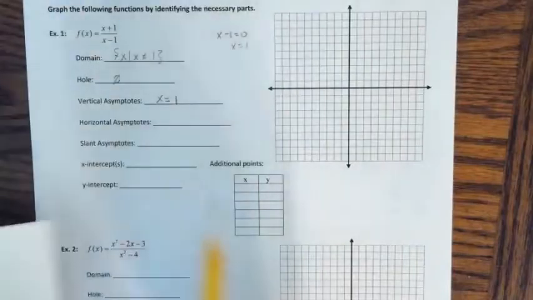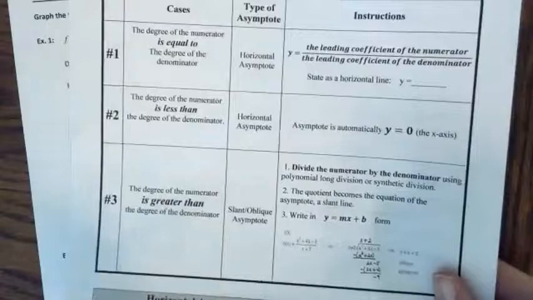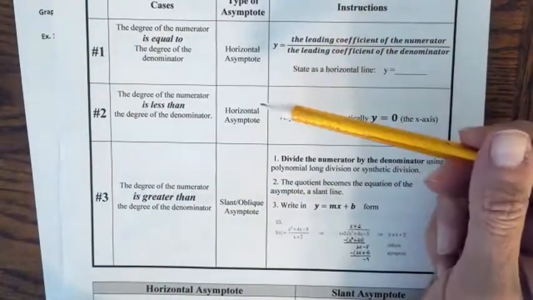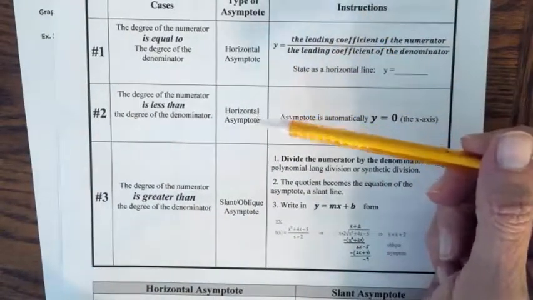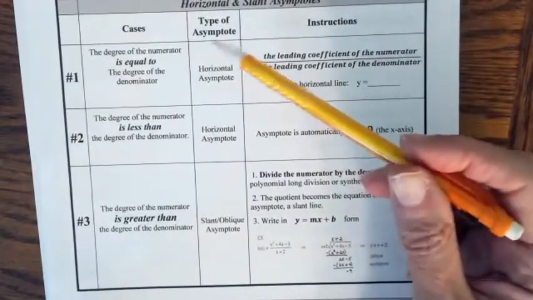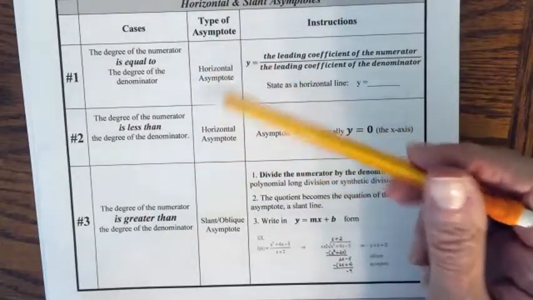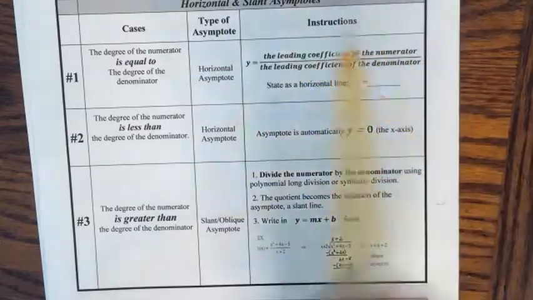Then we're going to look at my horizontal asymptote, and that's on the back here. And so you either have a horizontal asymptote or you have a slant asymptote. And how you know whether you have a horizontal or a slant is you look at the degree of the numerator versus the denominator.